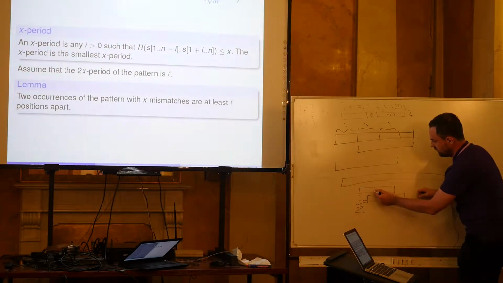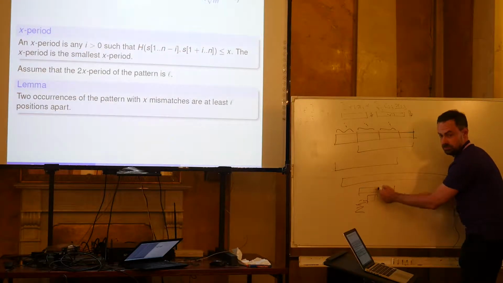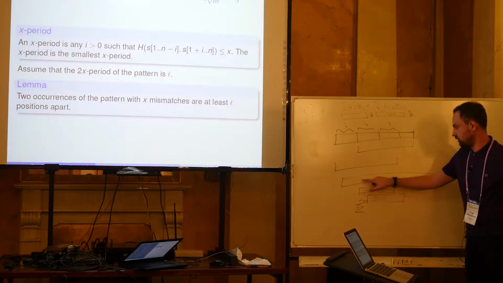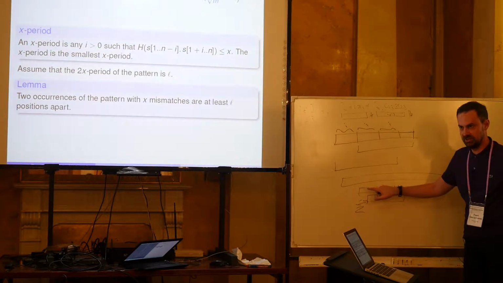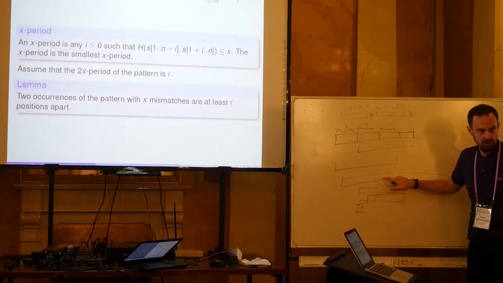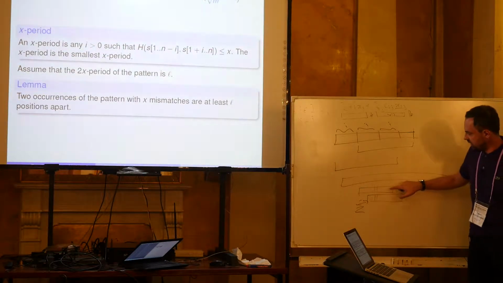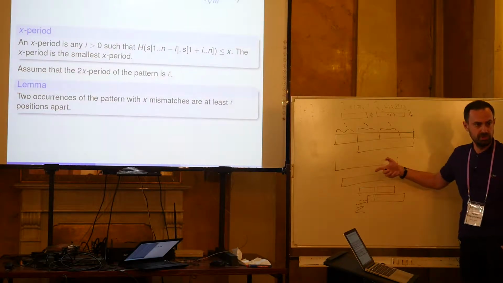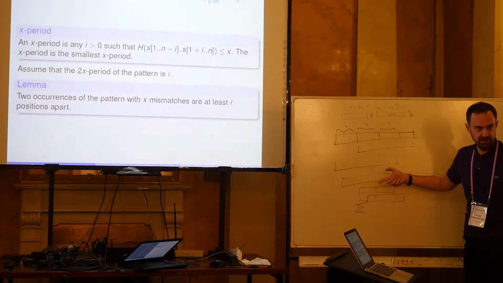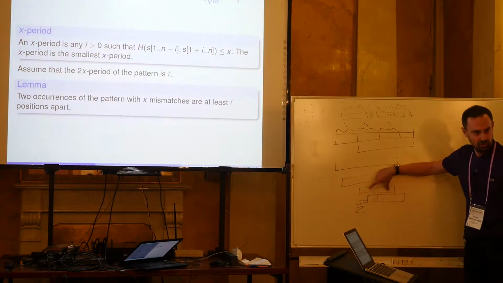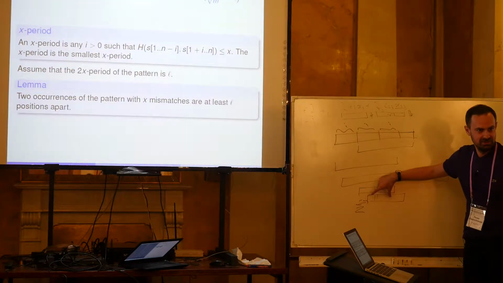Now look at this position. If it doesn't contribute to a mismatch for either of those two occurrences, then it's the same as the character in the text, so it's a match. But it could also happen that this letter in one of the occurrences contributes to a mismatch with the text, and then it might or might not contribute to a mismatch between those two occurrences.